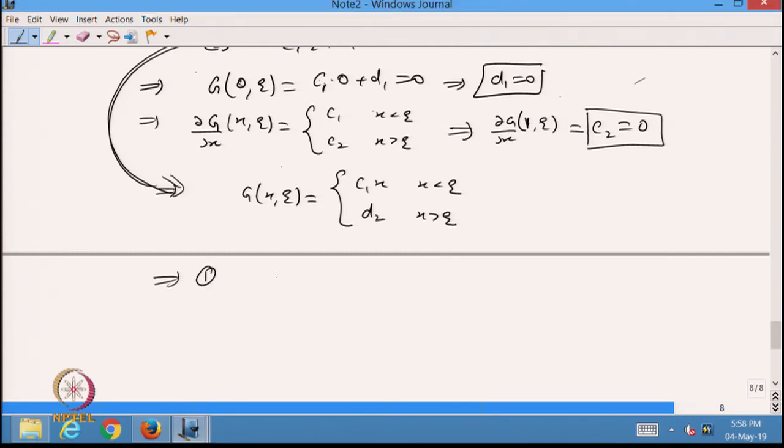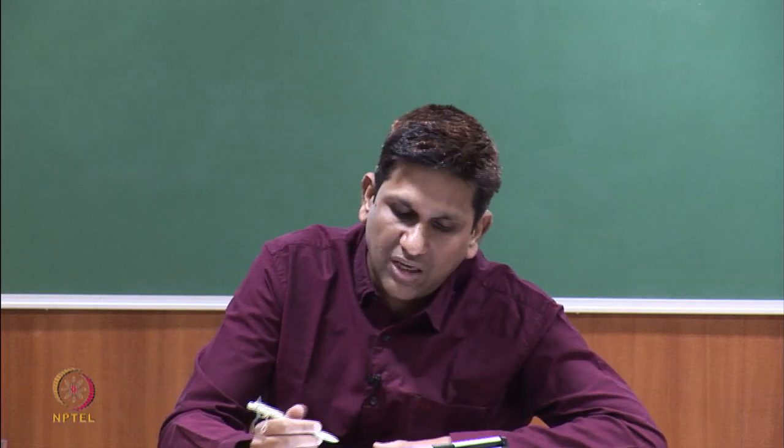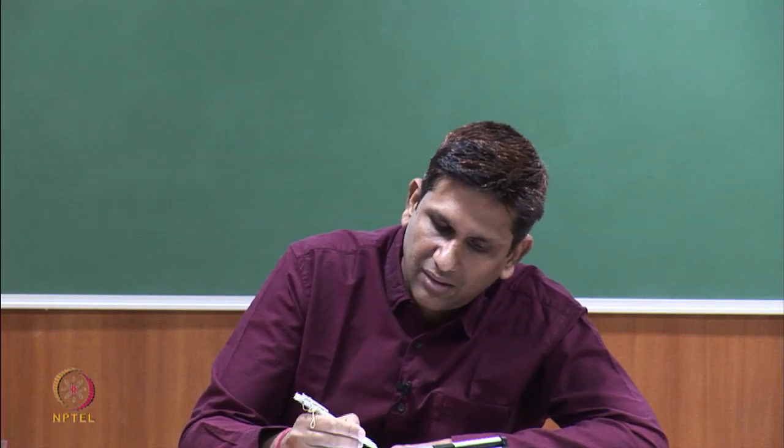So, I can say that C1 xi is equal to D2. This is one of the equations, and the second property is that del g by del x has a jump discontinuity of magnitude 1 at x equal to xi.